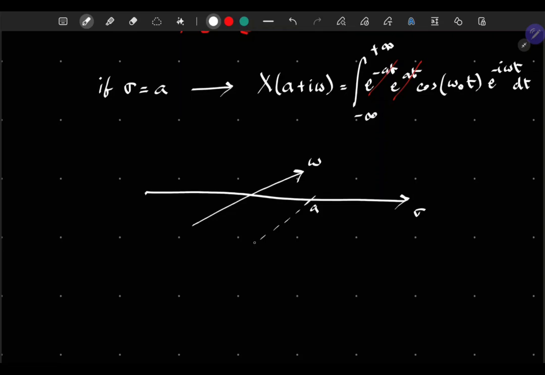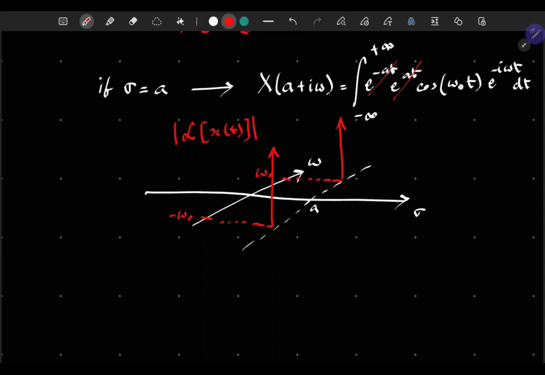So if this is a, we are looking at this line here. And on this line, we know that the Fourier transform of the signal we have just seen is just two Dirac deltas at minus omega naught and plus omega naught. And of course, the Laplace transform of x will be a complex function, so for now we'll just plot its magnitude. So let's say this is the modulus of the Laplace transform of x of t.